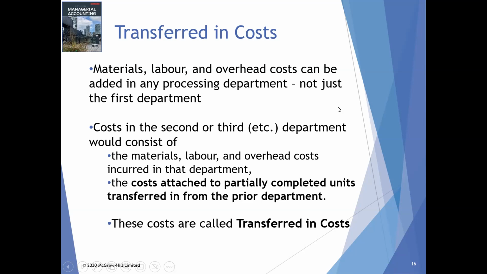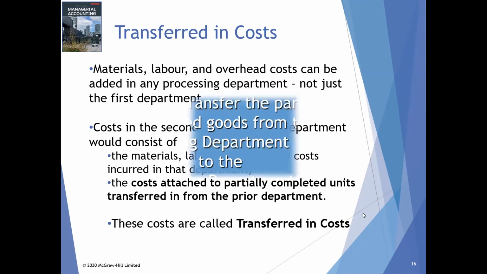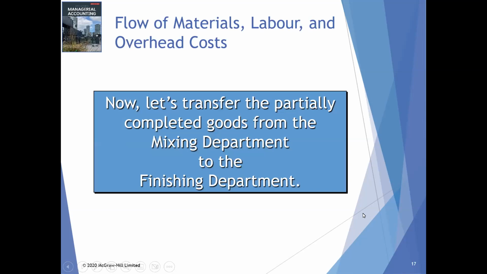So that material is going to be transferred from the first to the second department. Then that will be considered as expenditure for that department, meaning the second department. So these costs are known as transferred in cost. Transferred in cost. Okay.